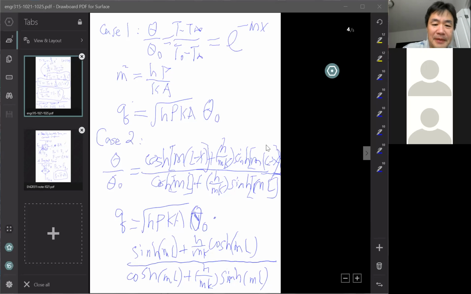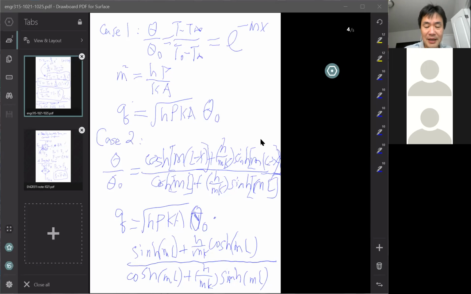Is it finite length with something at the tip, no heat loss or same temperature? No, convection at the tip. I think case two is the most general case. It's actually the convective one. At the end, it is a convection condition. It's a finite length, which means it's not too long.